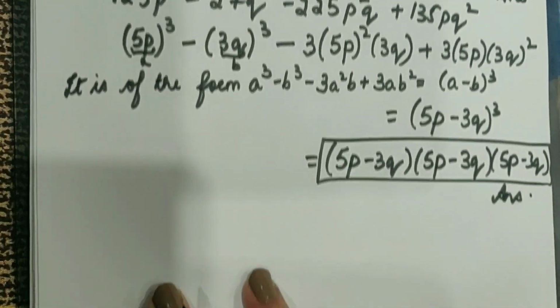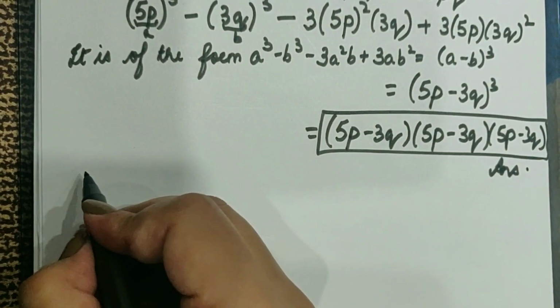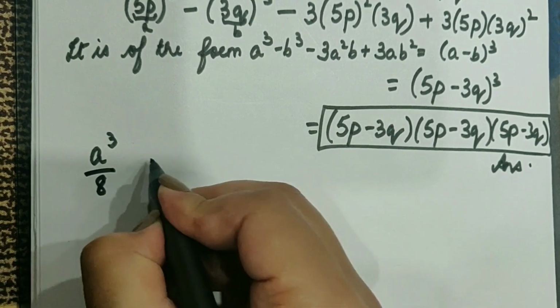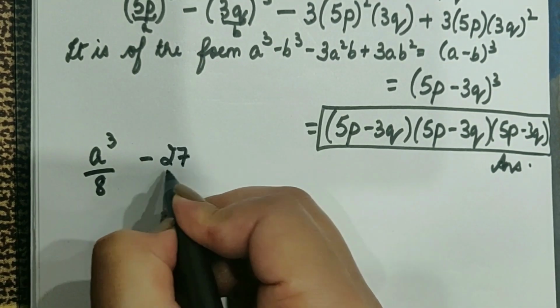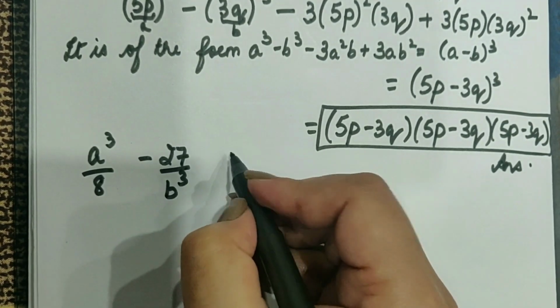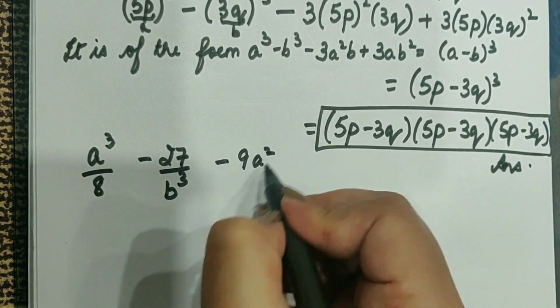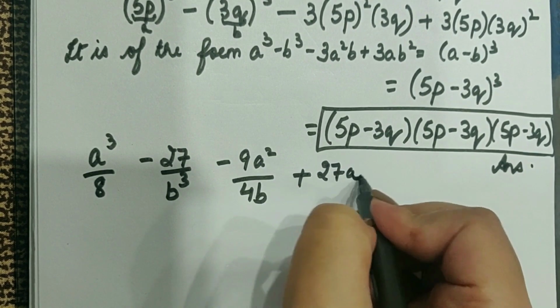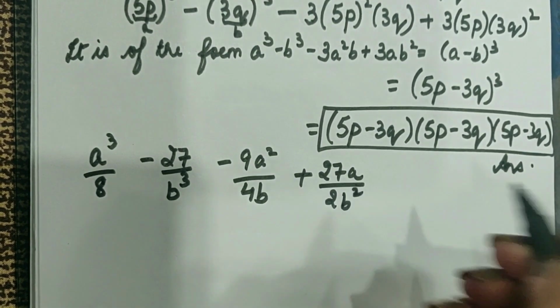Let's take one more example. a^3/8 − 27/b^3 − 9a^2/(4b) + 27a/(2b^2).